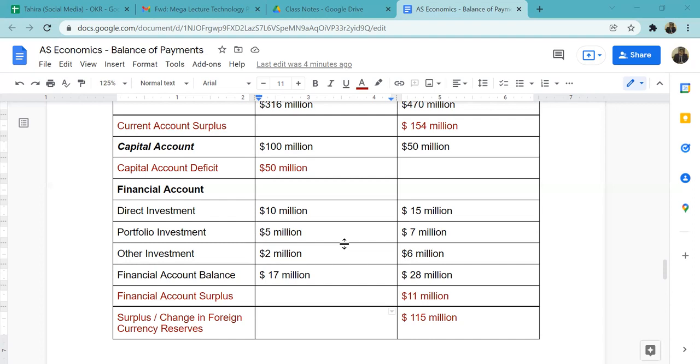So if Pakistan's balance of payments is constantly in deficit, which means money constantly keeps flowing out and our foreign currency reserves are depleting, then in future we won't be able to pay off our loans. We might default as a country. Now this is a scary situation to be in, right? It's not like an individual who defaults and doesn't pay back a bank, and the bank can take away your car or your house or whatever, right?